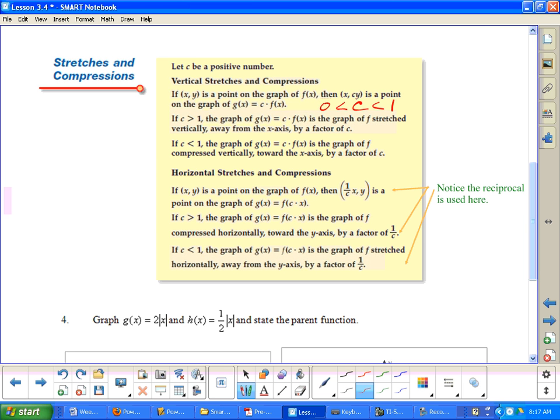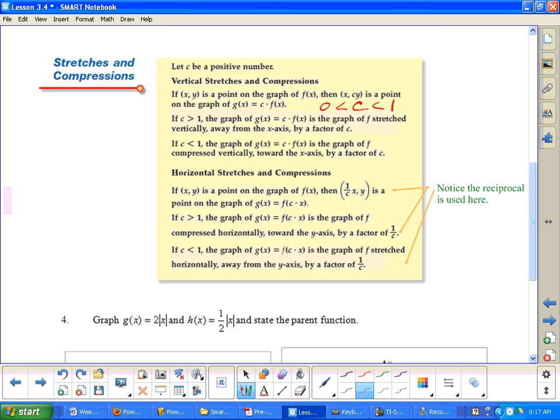So if C is greater than 1, in these cases, it's actually a compression, because remember, horizontal things work the opposite of vertical. So in vertical transformations, if I say plus K, it goes up. But if I say plus H for horizontal, it goes left. They're the opposite things. Same thing with stretches and compressions. For a vertical stretch, the number is greater than 1.